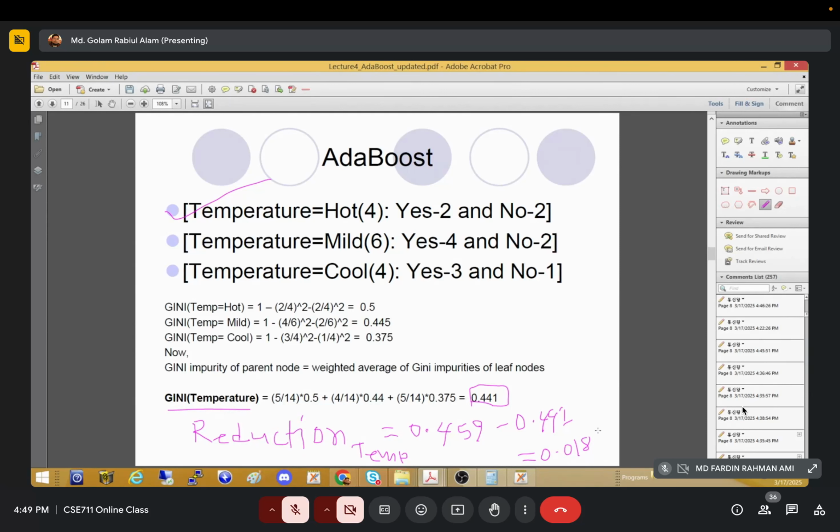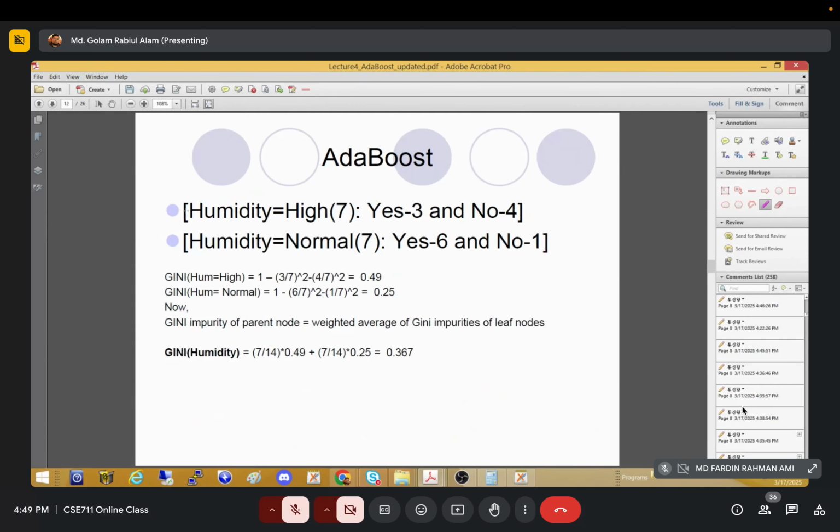We need to note it, that is 0.018. Similarly, if we apply the humidity, then the induced Gini we get is 0.367.